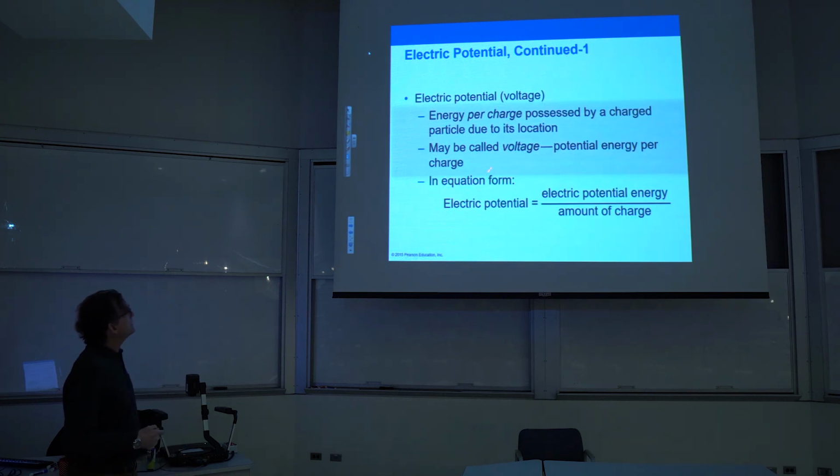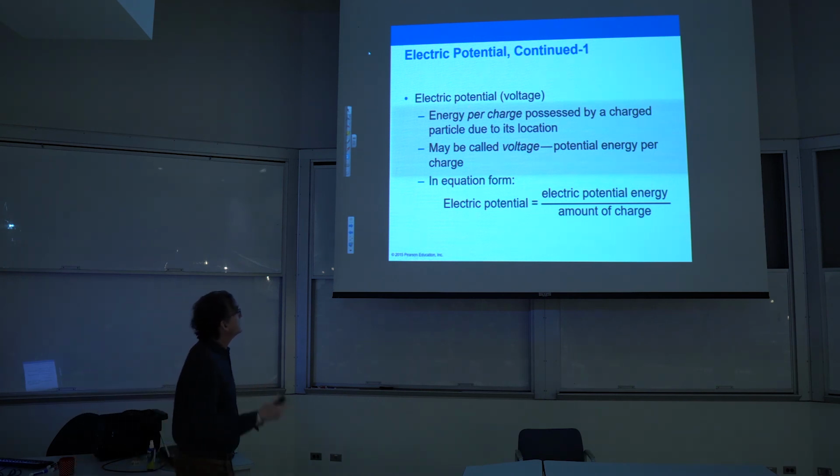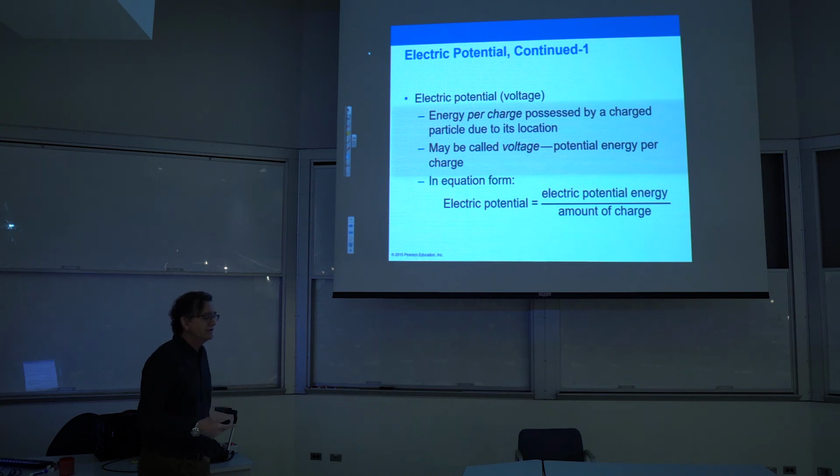So now we come to the idea of electrical potential. Up till now we've talked about electrical potential energy, which is the analogy of mgh, the mass times g times h, the gravitational potential.